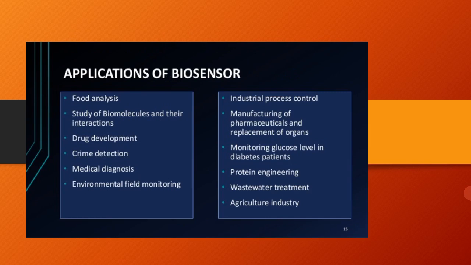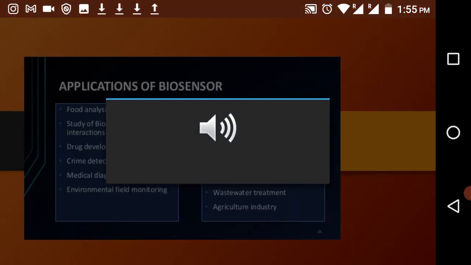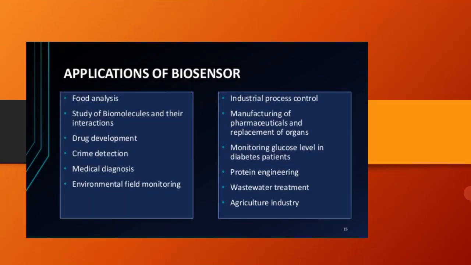We can check whether the antigen or analyte present in our sample is getting bound to the specific antibody or not, so we can determine the interactions between the two. Then we can use this biosensor for drug development, and crime detection, right? We can check using this method.